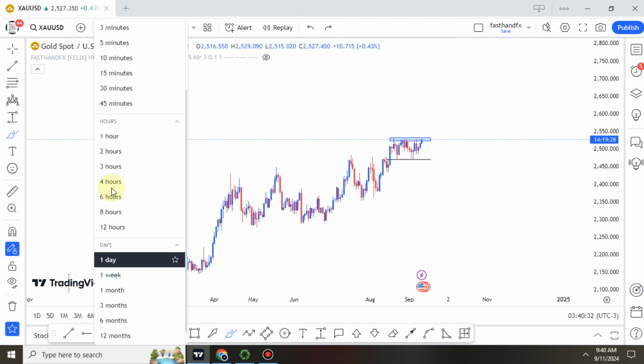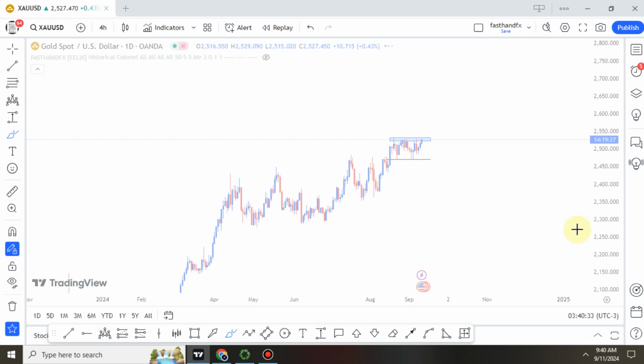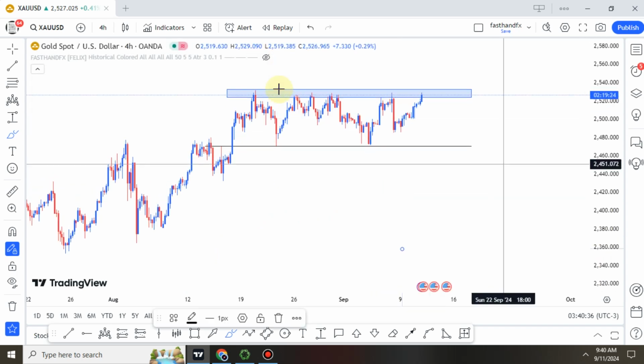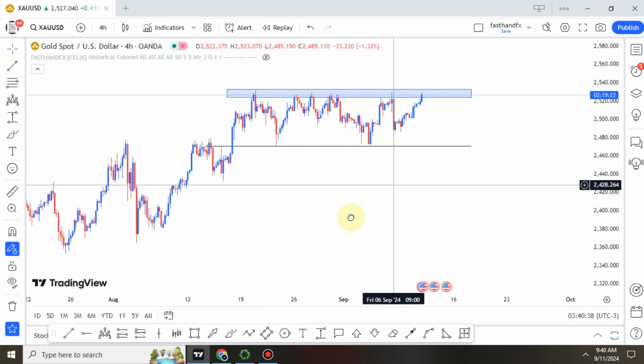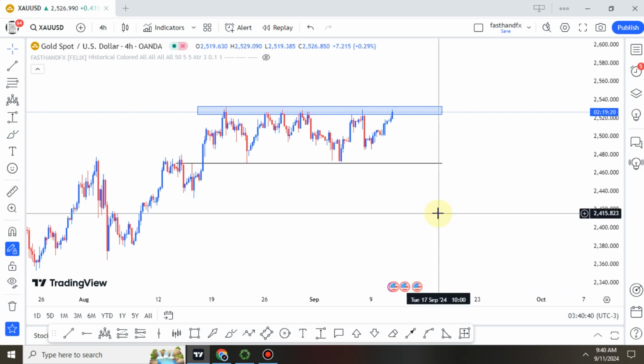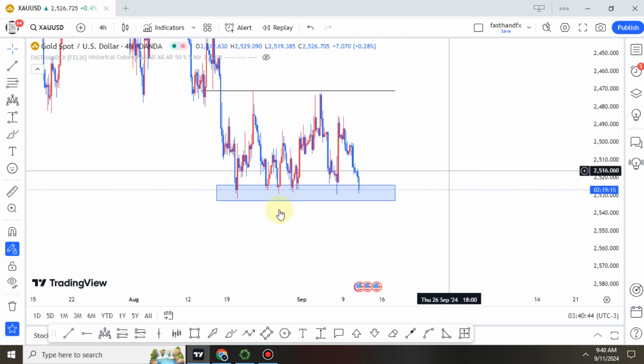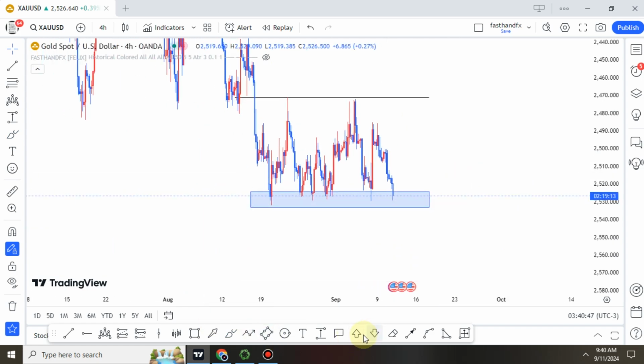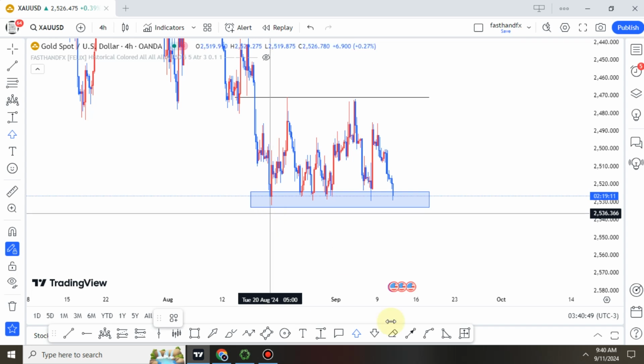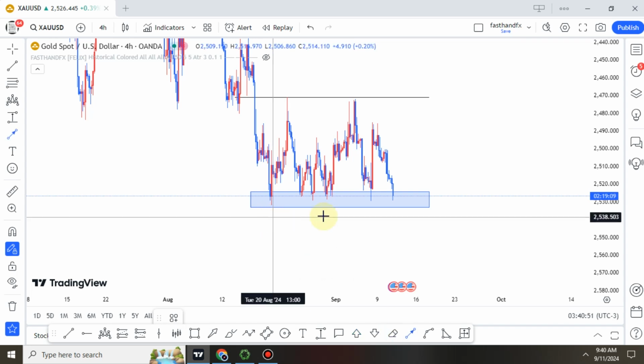So let's hit the H4 right over there and see what pattern or even what shape the market is trying to print. Right, so let me real quick flip my screen and understand what price is doing. Like we said before, we've seen that price is showing us that this level has been somewhat strong.